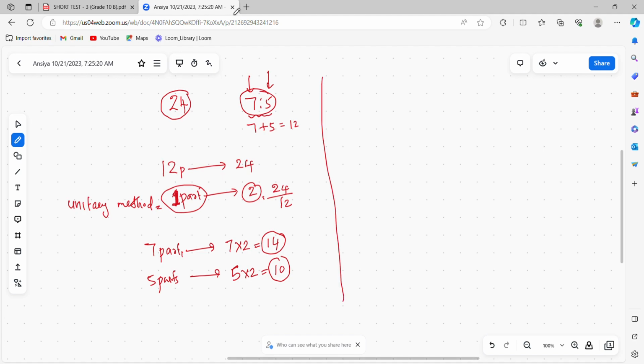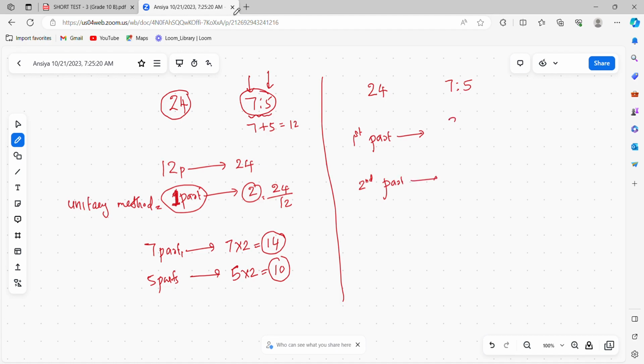Another method which I mentioned: the number is 24 and the ratio given is 7 to 5. We have to divide 24 into two parts. 7 to 5 means total 12 parts, correct? The first part represents 7 out of 12 and the second part represents 5 out of 12.